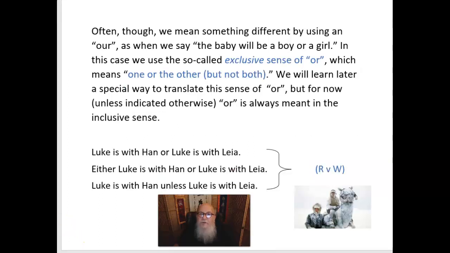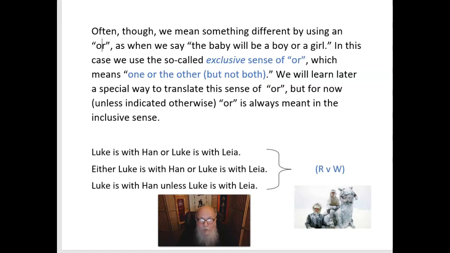Often, though, we mean something different by using an or, not an are. But here, let me fix that. Got to go up on the board to correct it. As when we say the baby will be a boy or a girl. In this case, just speaking biologically, and not in terms of gender. Because we want to be very clear in what we say in logic, right?